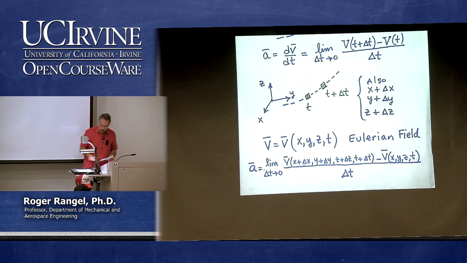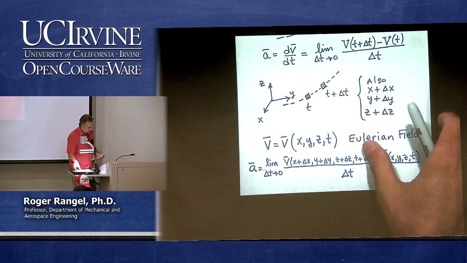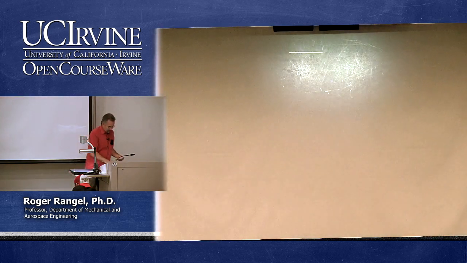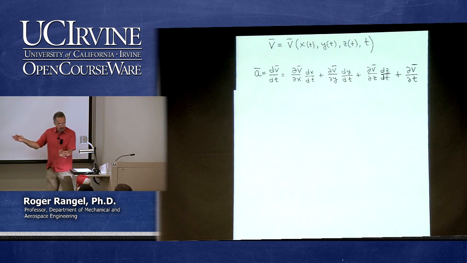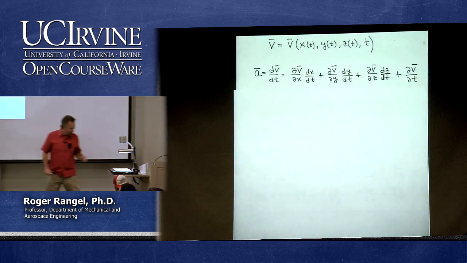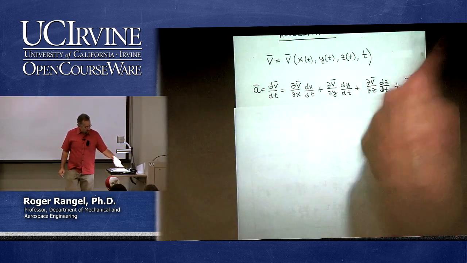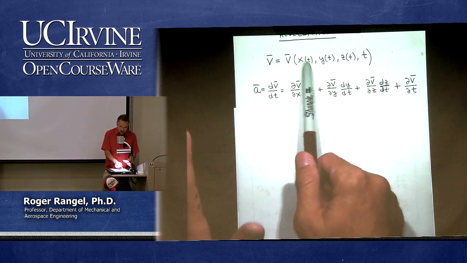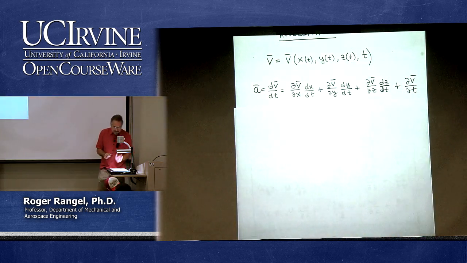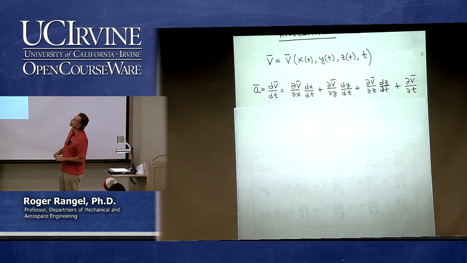So when you take the derivative then, you end up with actually four terms. So there is my specification that the velocity indeed is a function of x, y, z, and t, but that the x, the y, and the z are functions of time.